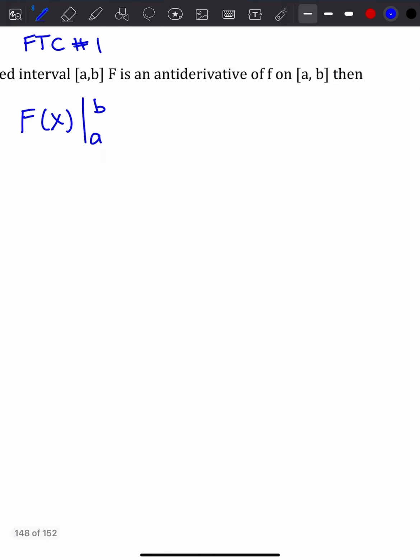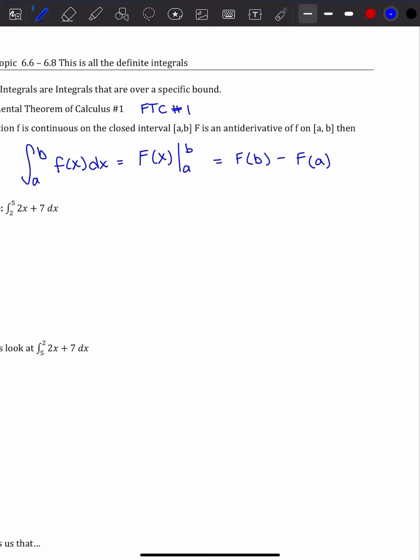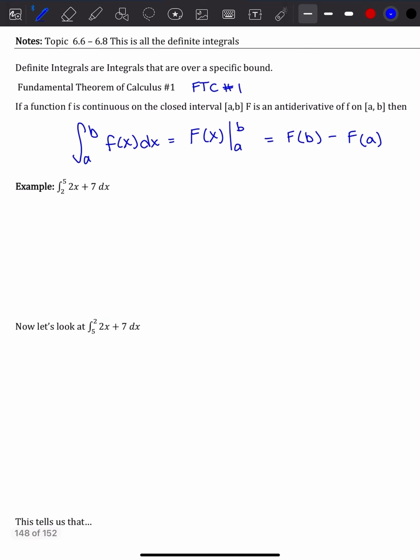Well, we also know that when we're looking at an interval, we take the second point and subtract it from the first point, and that gives us that interval, which is where we get F of b minus F of a. So if I have an integral from a to b on a specific amount, we're looking at the antiderivative, plugging those values in, and going from there.